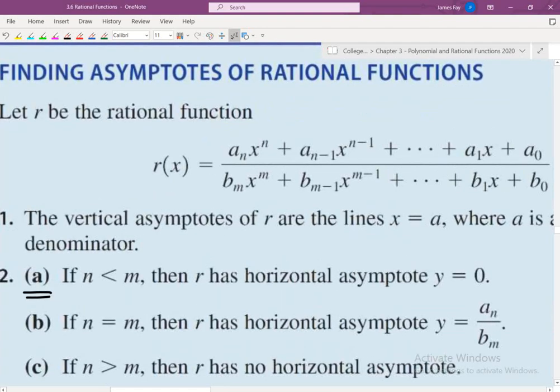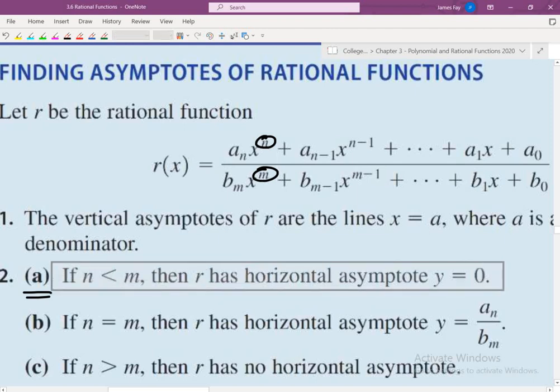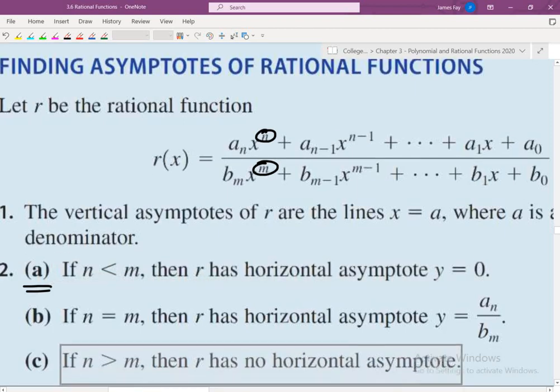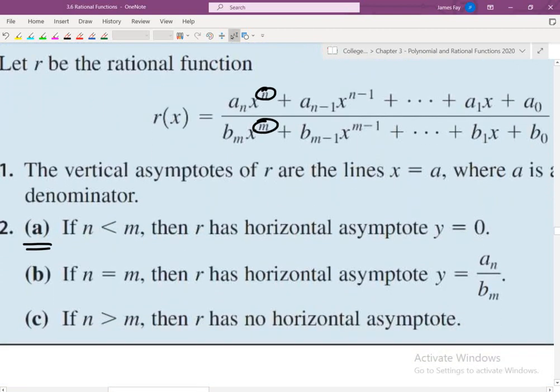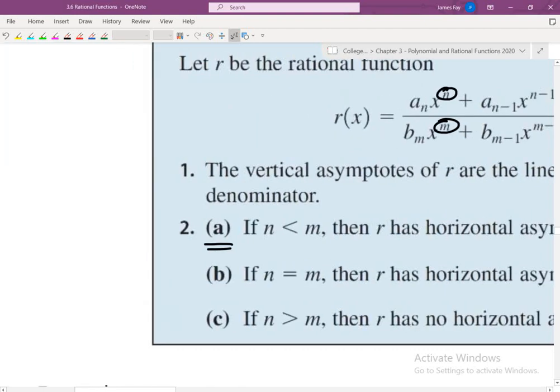Sometimes they use N and M, sometimes A and B, sometimes C and D. N is at the top. Is that N for numerator? Maybe that's the way you can remember it. If I forget which one's N and which one's M, I'm going to transpose them.